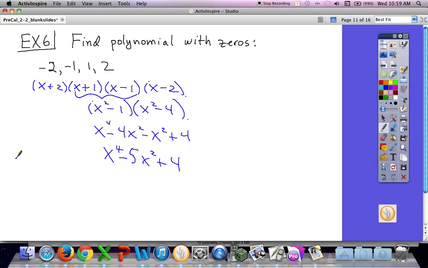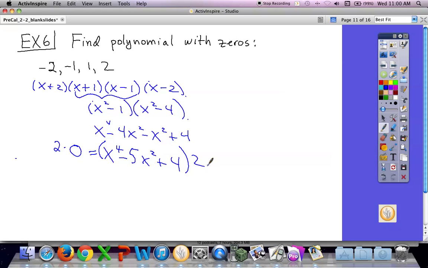Okay. So notice that if this is a polynomial that has these zeros, that means if I set that equal to 0, I can plug in any of these that would lead to that being 0, right? What would happen if I multiplied that whole thing, both sides, by 2?